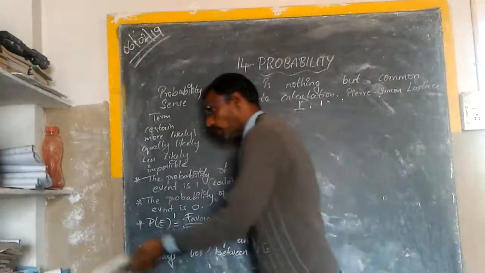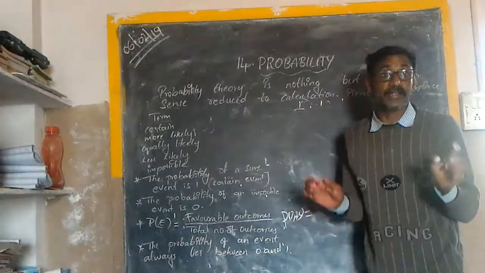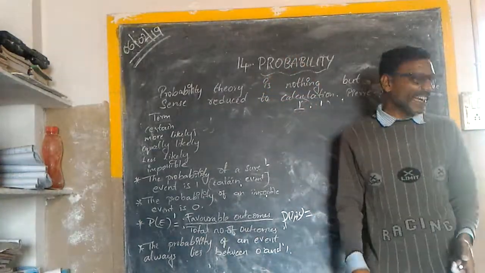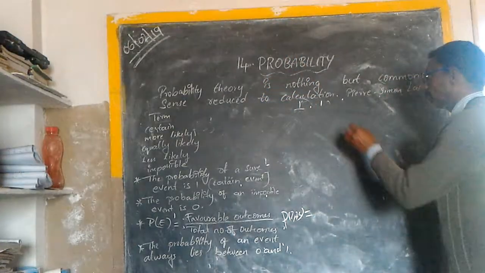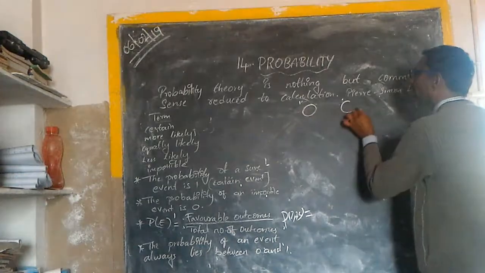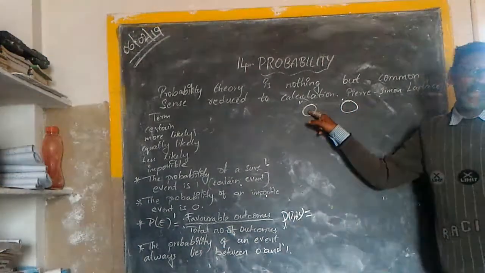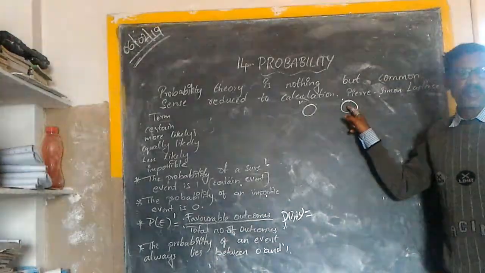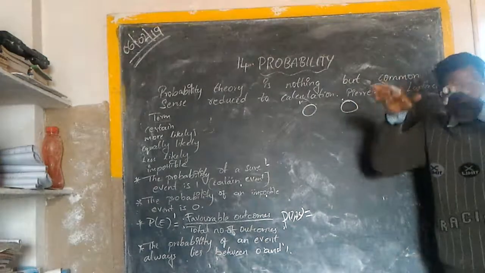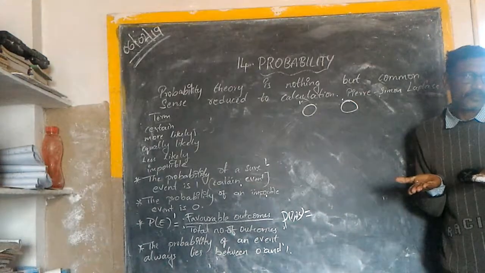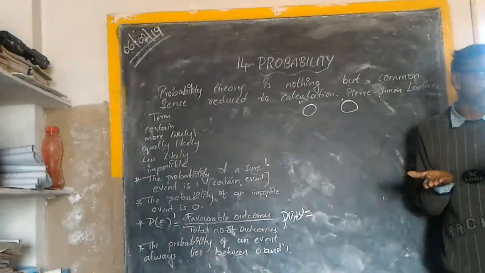Suppose two coins are thrown up at a time. Here you have two coins. Every coin has a head and a tail. Before coming down, showing faces up, how many possible chances are there?